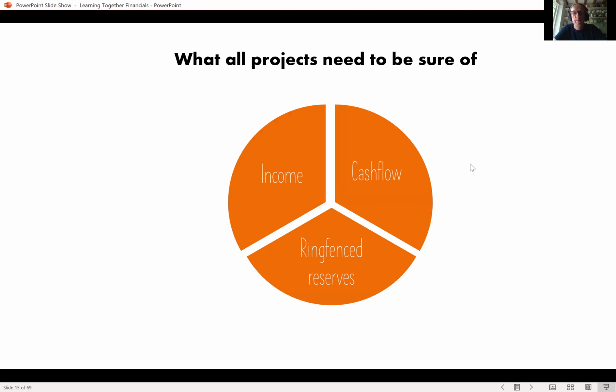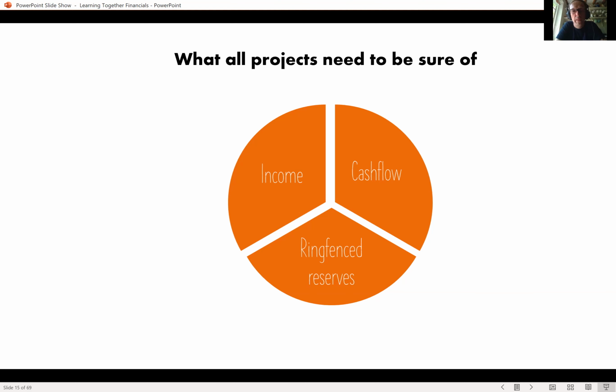So what all projects need to be sure of: income, cash flow, ring-fenced services, ring-fenced reserves. Again, this is going to be stuff that a lot of you know about, but you need to know where your income is going to come from over the long term. You need to know what expenditure you're going to have, but as importantly, when you're going to have to spend it.